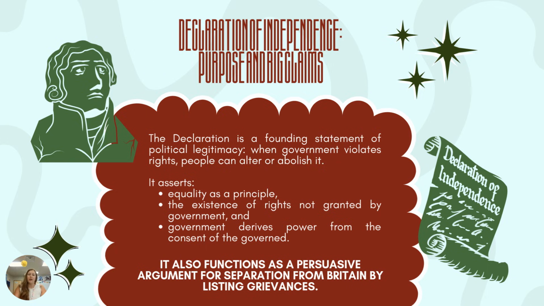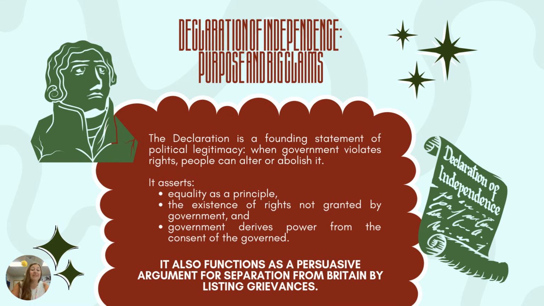And it also has this focus on the right to revolt, the right to rebel, right? It asserts things like equality as a general principle that governments should uphold, right?